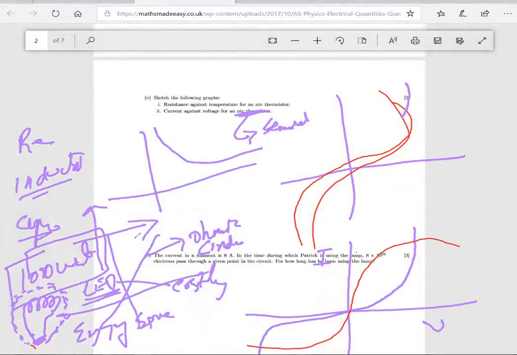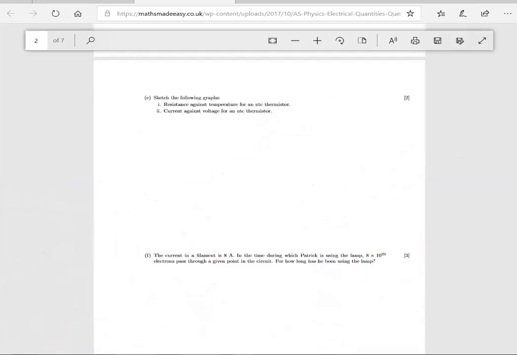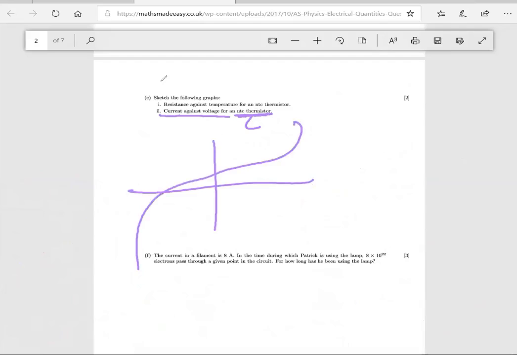Okay, next, this question. So your curve will be like this. Actually, when you answer any question, read the question two to three times. There is one point, that is the semiconductor. So for thermistors, there is a semiconductor, so you will draw it accordingly. What type of components are semiconductors?